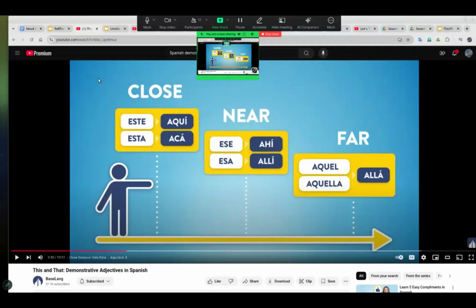And it is used to refer to something we can't categorize into gender. So esto talks about a situation. Esto can refer to an abstract idea, but it won't refer to an object that is concrete.